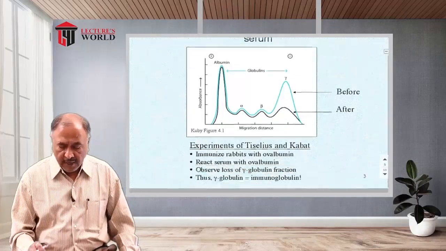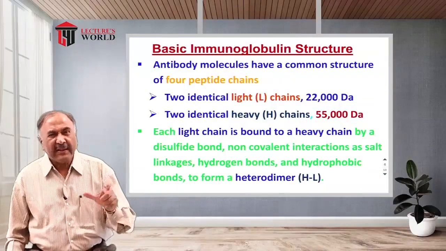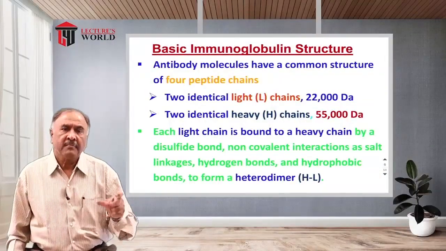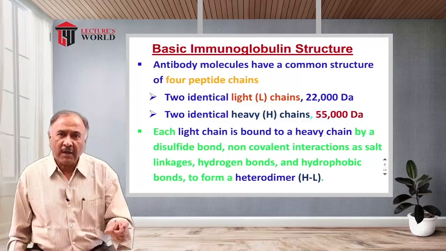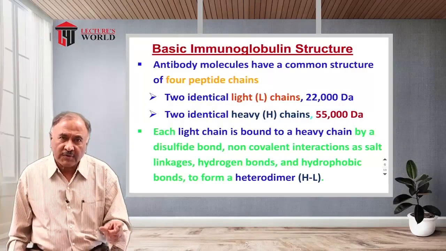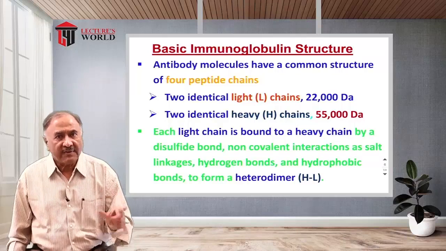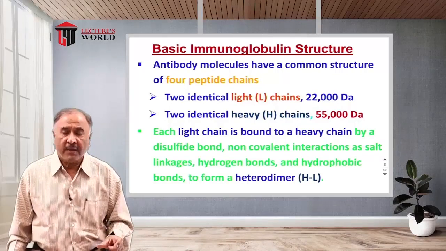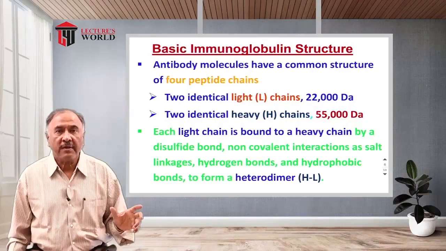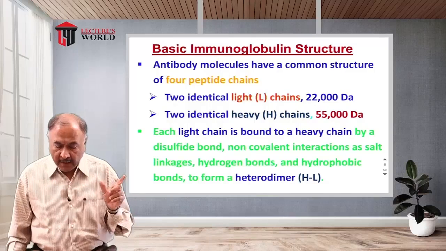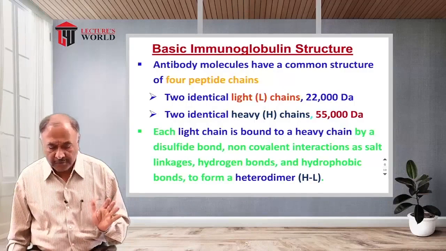This is the diagram which is shown. Now with this brief introduction of how it was discovered, mainly it is to honor two scientists, Tiselius and Kabat, and this experiment was done almost 70 or 80 years ago. Now let us come to the structure of immunoglobulins.